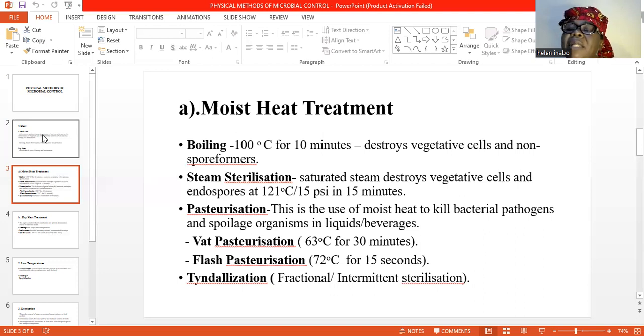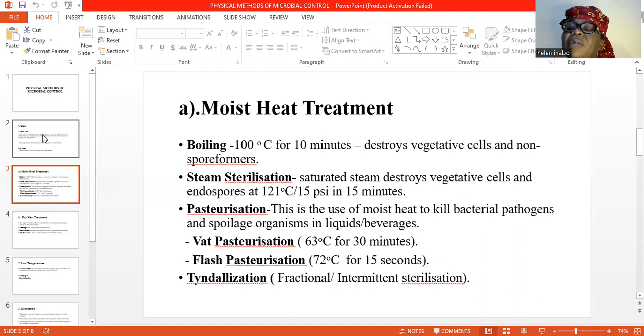Following this heat treatment, the materials are moved on cooling to an incubator set at 37 degrees Celsius for overnight incubation.